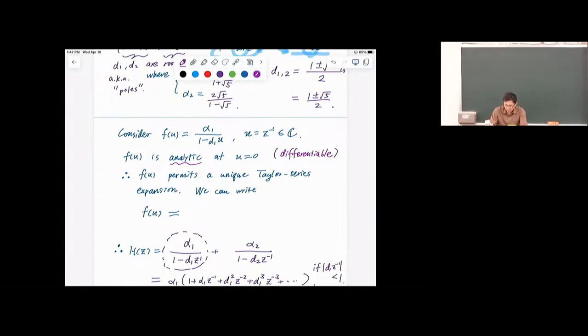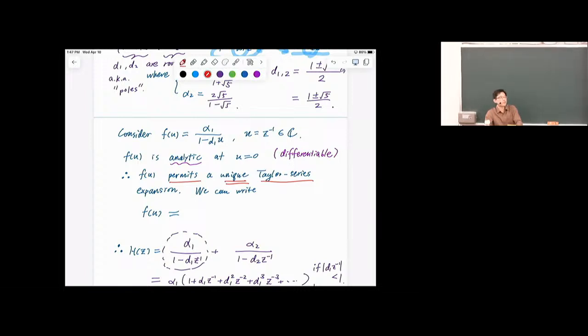Then the theorem tells us that f of u permits a unique Taylor series expansion around the point where it is analytic. Unique, that's the point that we can apply. You cannot be so clever as to find another different way to write down the Taylor expansion, okay?